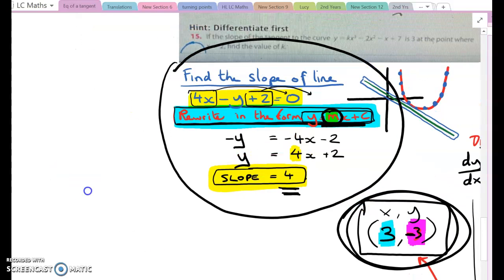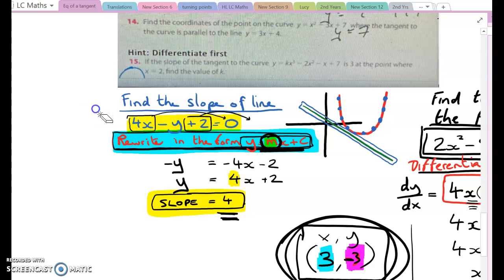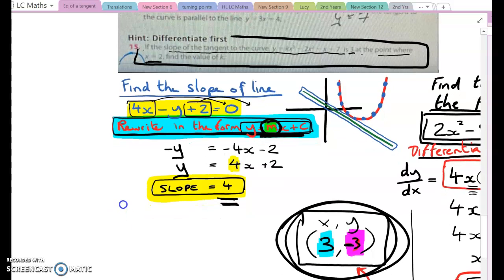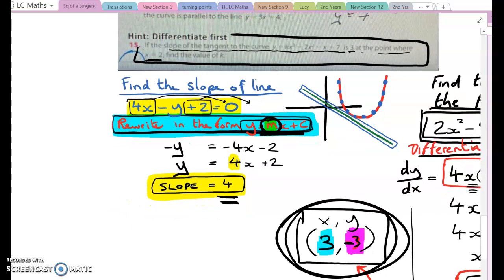Now the other question in that little page that looks tricky is 15. And in 15 it says, if the slope of the tangent to the curve is 3 at the point where x is equal to 2, find the value of k. Okay, remember, if you're ever looking for the slope of a function, you must differentiate it.